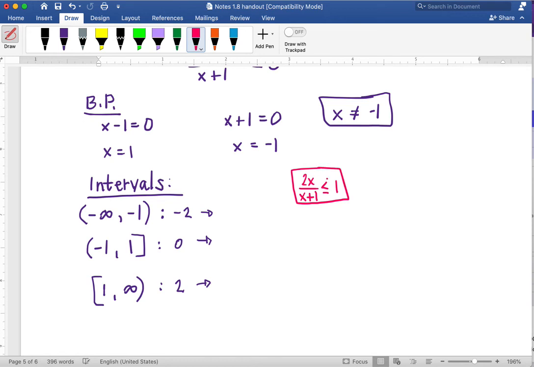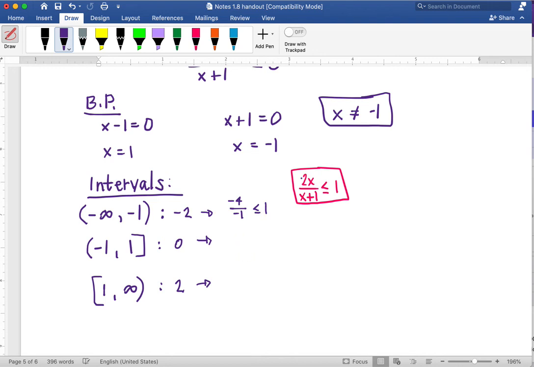All right, so I'm going to substitute my -2 in. When I substitute my -2, this is 2 times -2 or -4 over -2 plus 1, which is -1. Is that less than or equal to 1? Well, we don't know. I'm just going to set these up right now.